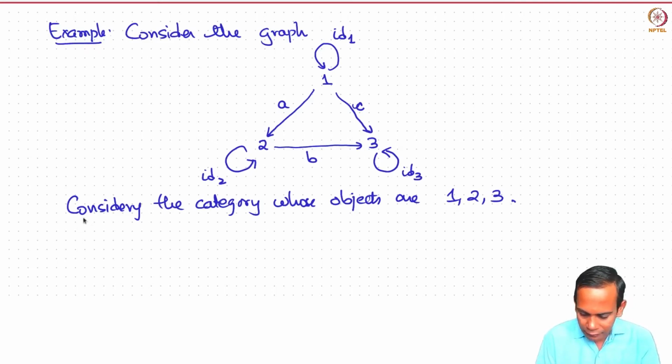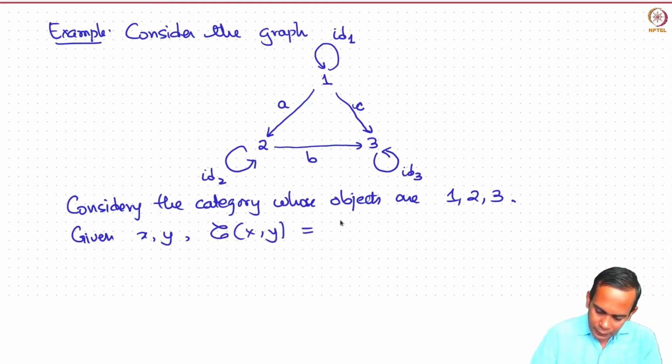And given two objects, C(x, y) is the set of arrows from x to y.